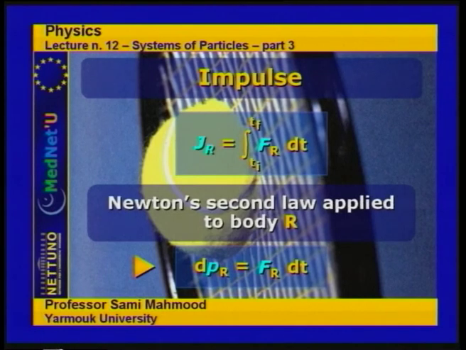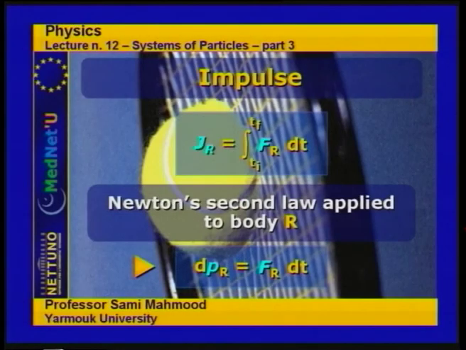Now, if we integrate this form of Newton's second law, if we integrate both sides, on the left-hand side, we will get the integration of dp, which is simply p from p initial to p final, from the initial time to the final time, which is simply p final minus p initial.